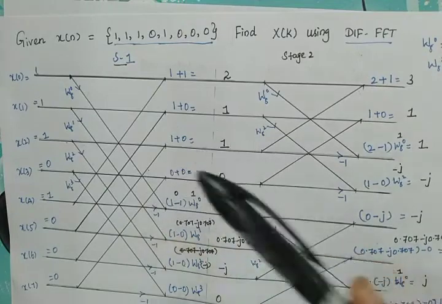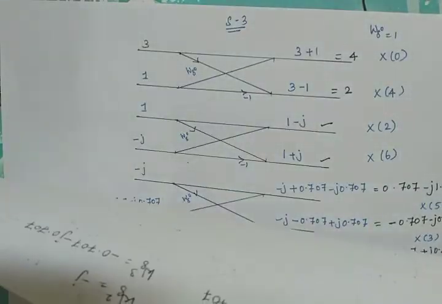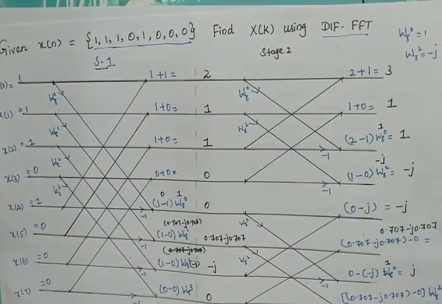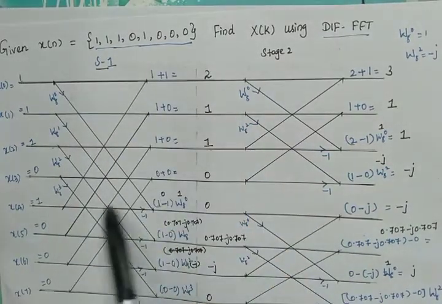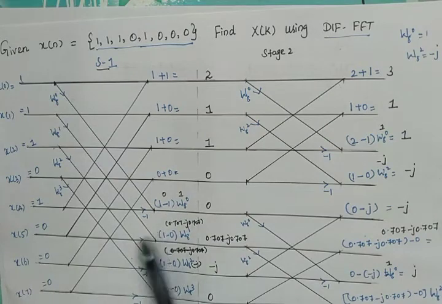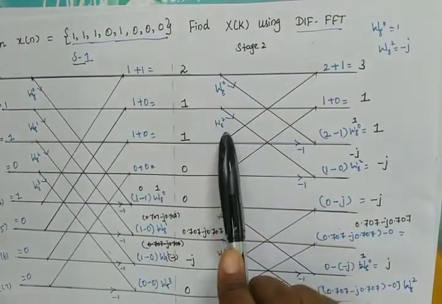First remember the twiddle factor values, W of 8 of 0, then W8 power 1, 2, 3. Then you just multiply this. So remember, while you are taking the bottom lines, you have to multiply this number with this minus 1. Then take this answer and give it as input to stage 2.